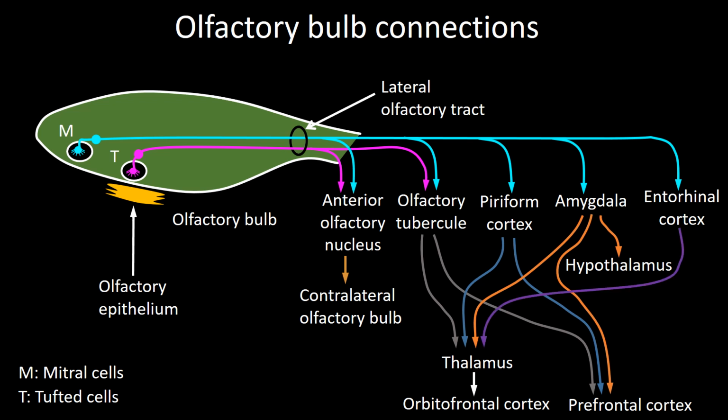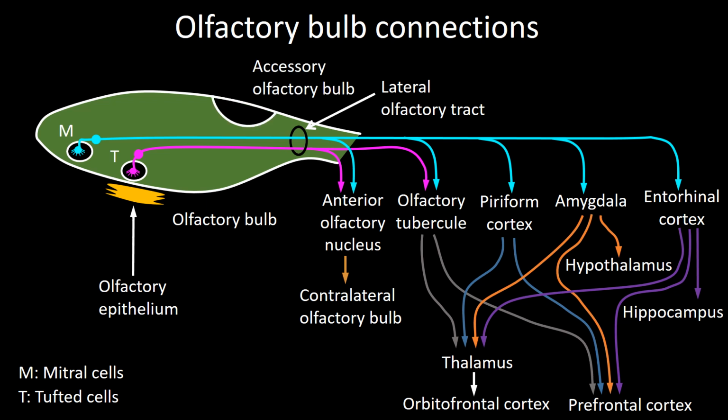Entorhinal neurons contacted by mitral cells send axons to the thalamus, prefrontal cortex, and hippocampus. In addition, the olfactory bulb also houses the accessory olfactory bulb. This area of the olfactory bulb receives axons from the vomeronasal organ.